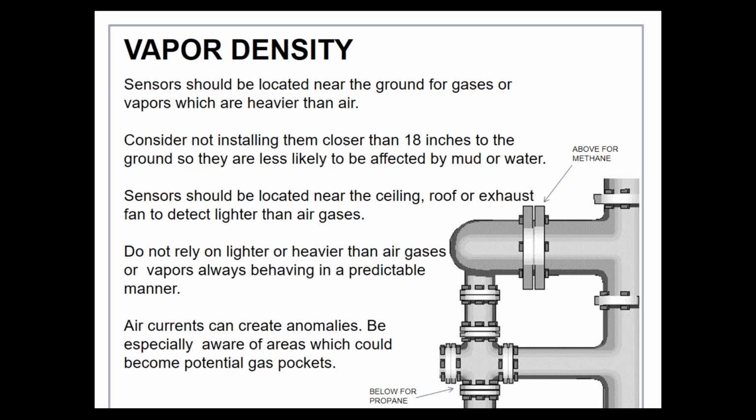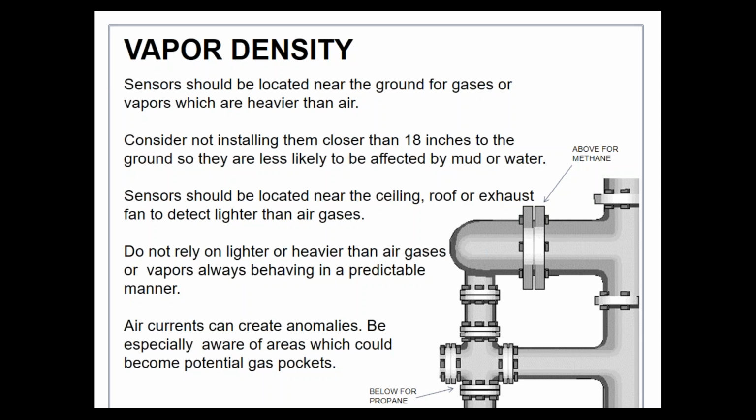And in all fairness, other than ethylene and methane, and carbon monoxide, every other gas is going to be heavier than air. Your propanes, your cyclohexanes, tetrahydrofuran, all those benzenes, they're all going to be heavier. So most likely, most of your sensors are going to be at floor level or below the leak source level.